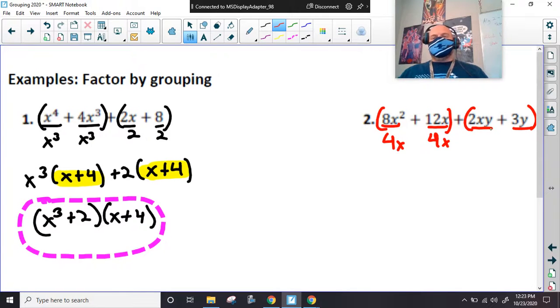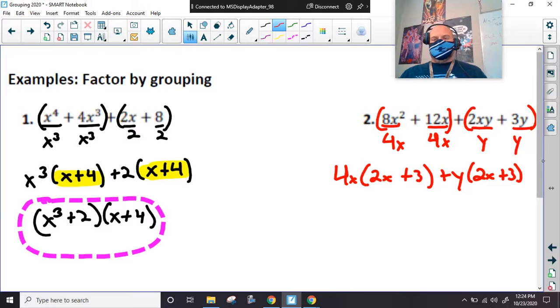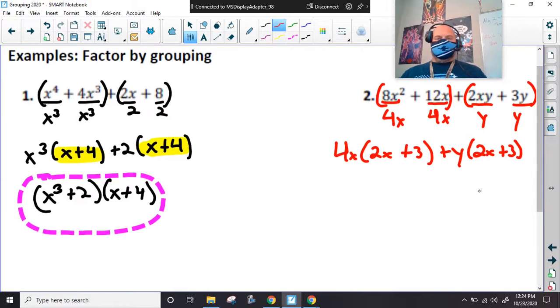What's the only thing you can divide out of 2xy and 3y? y. Okay, so I factored out. GCFs go together. Leftovers go together.